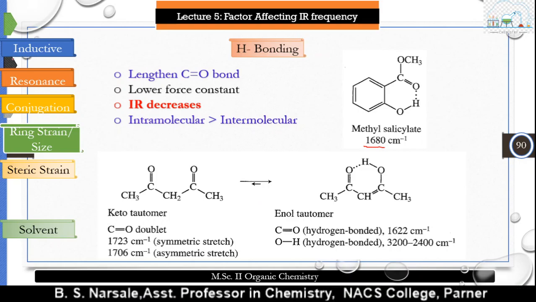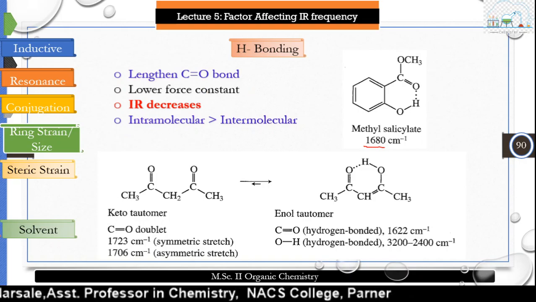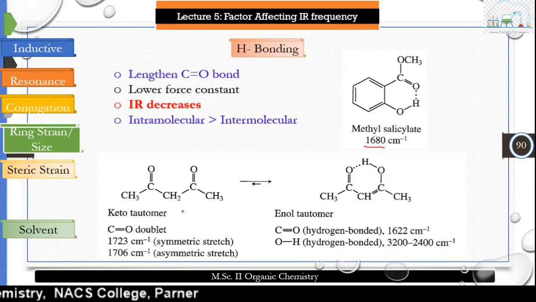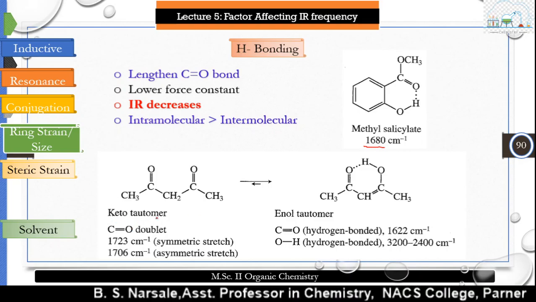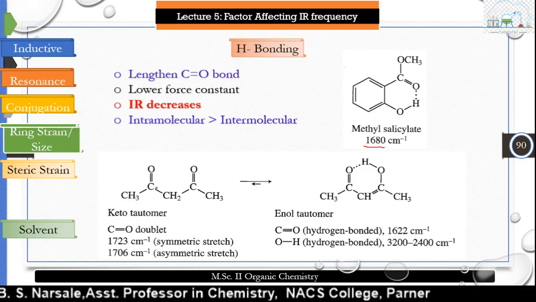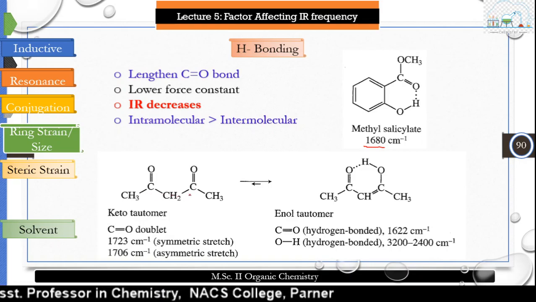Similarly, there is another simple effect of hydrogen bonding. If you have a ketone compound which is present in another tautomer, that is enol, then the actual number of peaks will be more than expected. If the compound exists in the keto tautomer, it has two IR stretches for the two carbonyls, a symmetric stretch and an asymmetric stretch.